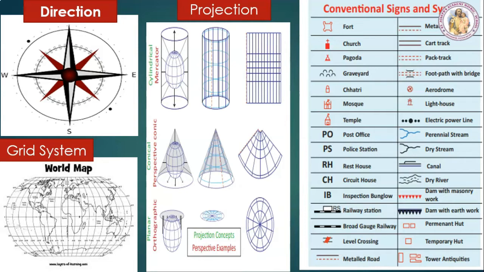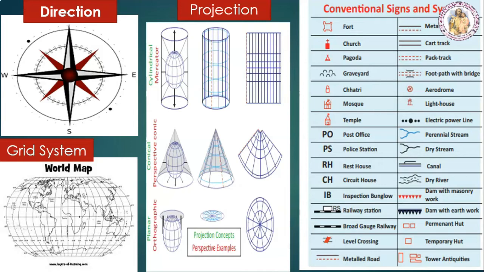Conventional signs and symbols. Conventional signs and symbols are standard symbols used on a map and explained in a legend to convey a definite meaning. The topographic map consists of a variety of information about physical and cultural features. There are three types of map symbols: point symbols, line symbols, area symbols.